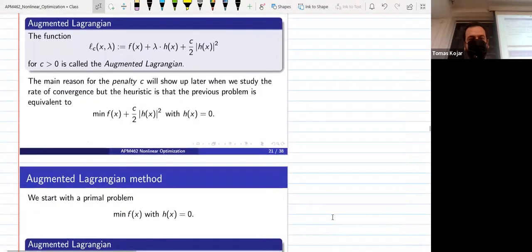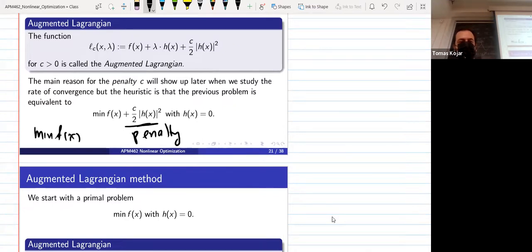But here's the heuristic: consider the same problem, but now add your penalty. So let me ask you, do you think this has the same minimizer as minimum f of x? Yes or no?